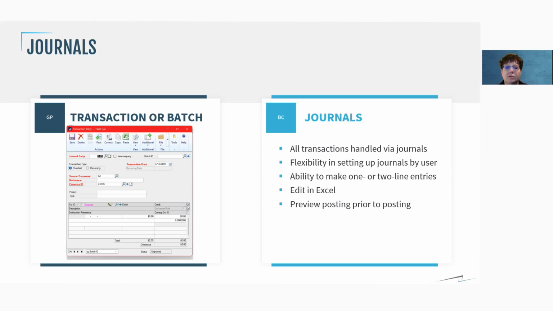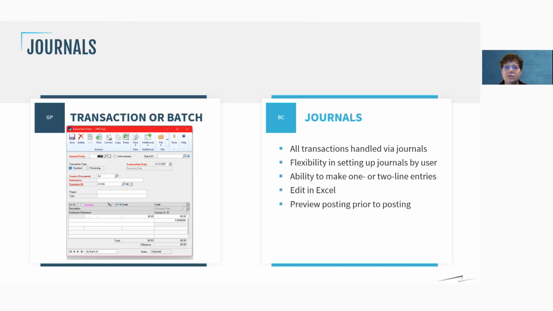And so talking a little bit more about journals, in GP, you can do journals either by transaction or by batch. In Business Central, virtually all transactions are handled by journals. As expected, you can set up journals by users so that everybody can keep their data straight and not get things confused.